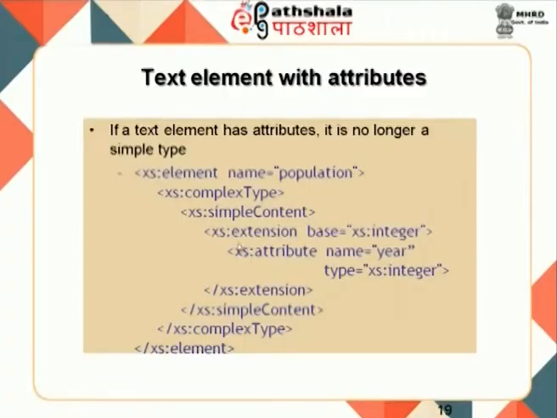Now whenever you have an attribute, make use of simple content, and now you say that extension, the base is of integer type, and now the population is of integer type, and it has got an attribute with name called year and the type as integer, then you properly close it.